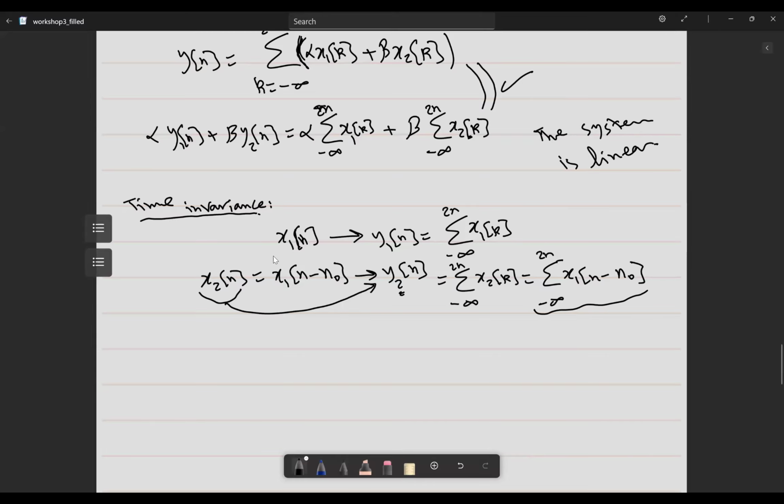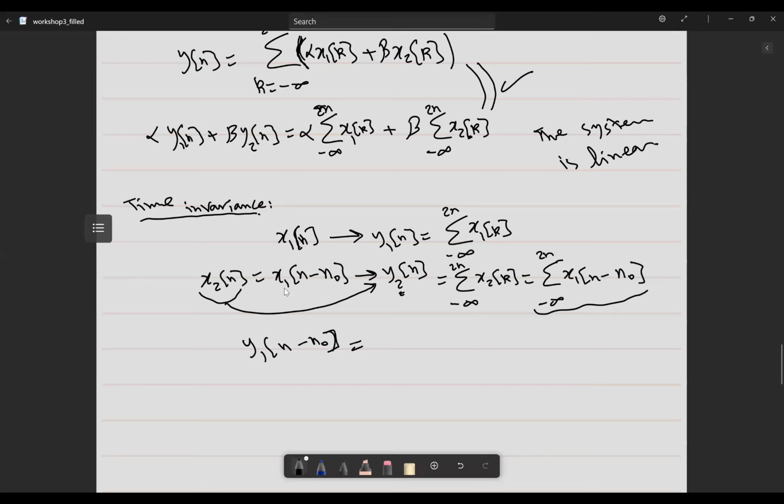Now we have the output after shifting the input. After shifting the input, we need to compare this one with the shifted output. So we need to shift y1 by n0 and compare this one with this one, to see if they are the same.